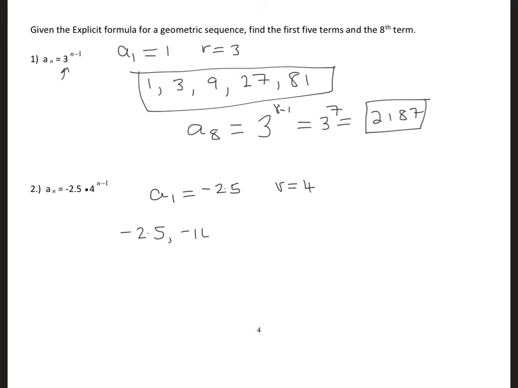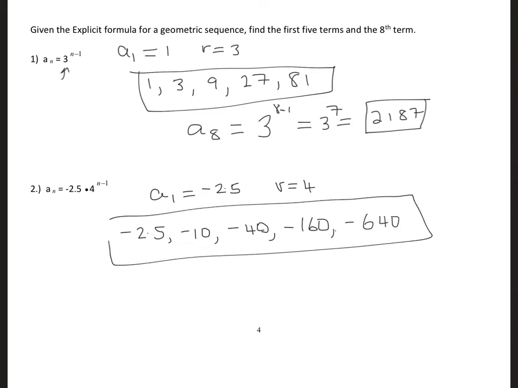So -10, -40, -160, and -640. So those are the first 5 terms, and then I need to get the 8th term.